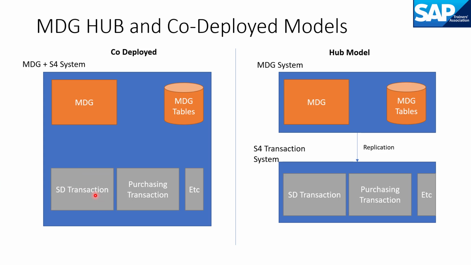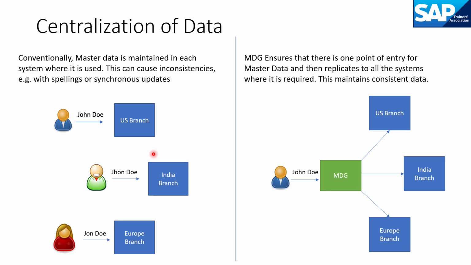The first advantage is that it is less costly. The other advantage is you don't have to do data replication, because it is in the same system. If MDG was in each of these systems, there wouldn't be a need for these arrows, right? This replication, these IDOCs or web services, would not be required.